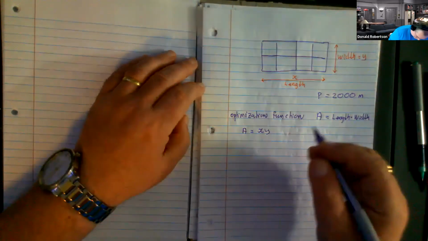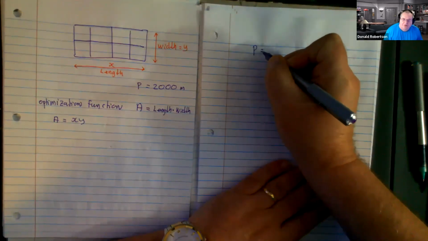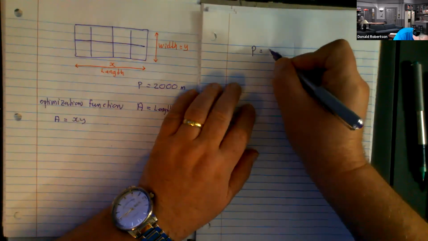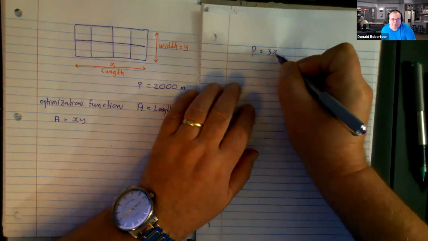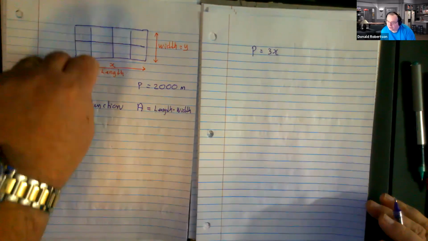So if you look at this picture here, and I think I should give myself more room, so I'll do it over here. P is going to be the amount of fencing that he uses. It's made up of 1, 2, 3 pieces, X units long, and 1, 2, 3, 4, 5 pieces, Y units long. Are you comfortable about the total amount of fencing is 3 lots of X plus 5 lots of Y?